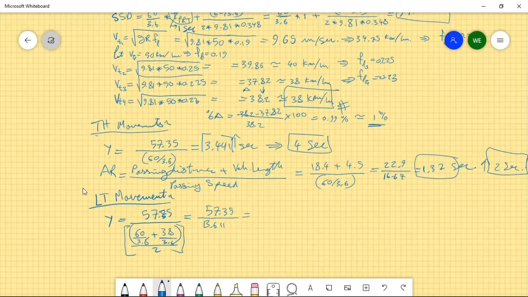So here it's 4.2 seconds. In case of the left turn, it's okay if we go with 4 seconds, but I prefer that we go up to 5 seconds.